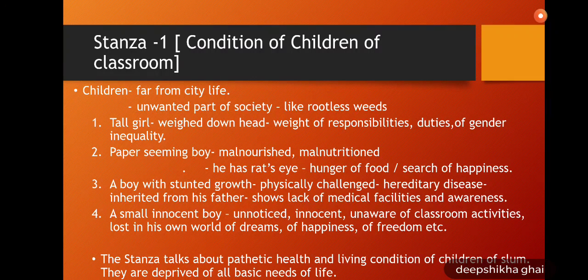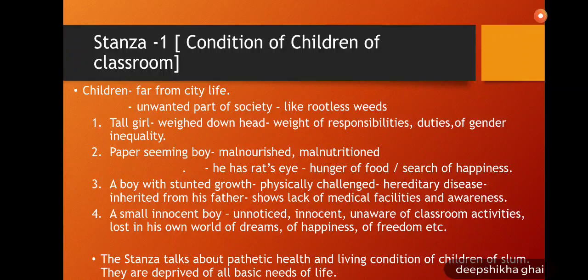And she was sitting down with a weighed down head means she might be carrying the weight of the responsibilities of her family, the duties that she would be carrying off, or maybe she might be suffering from gender inequality. She was sad, she was upset, she was dejected, and so she was sitting with a weighed down head.